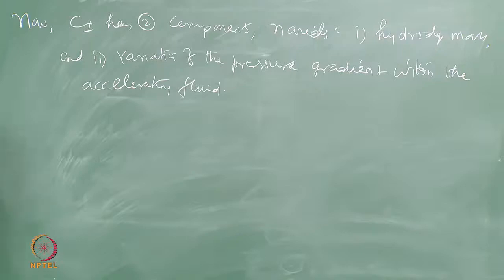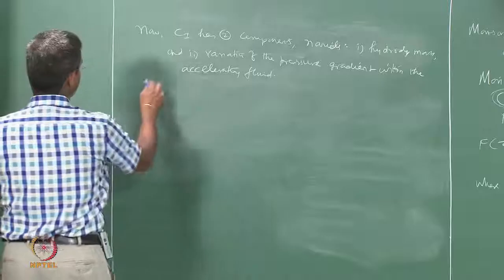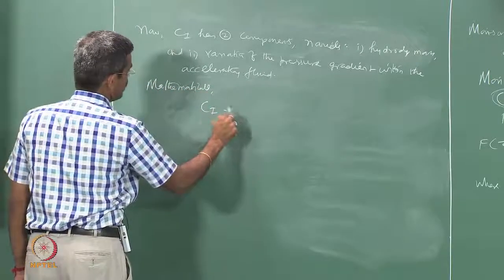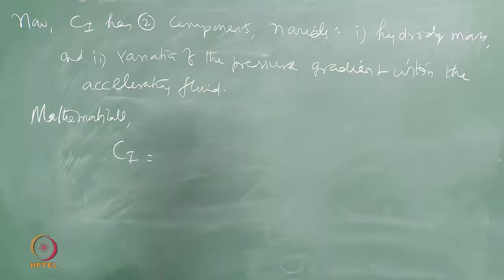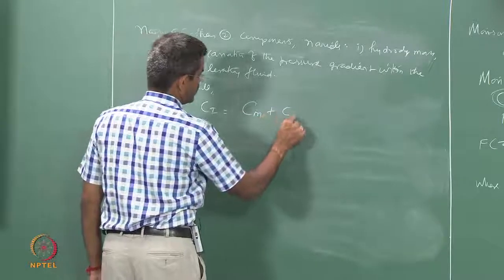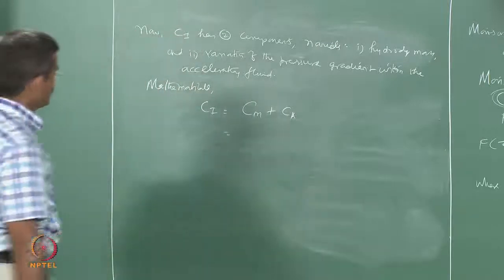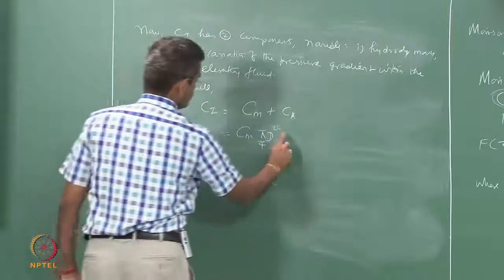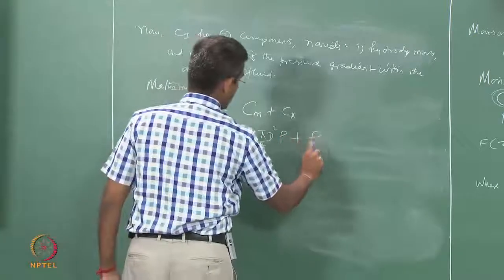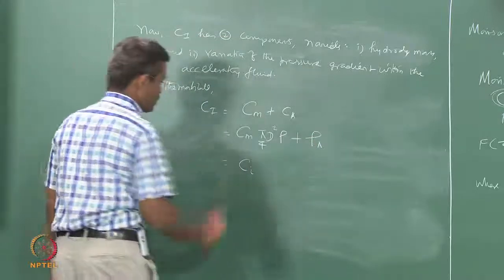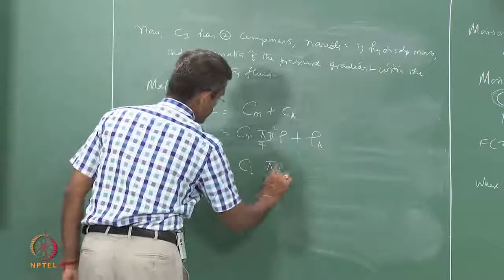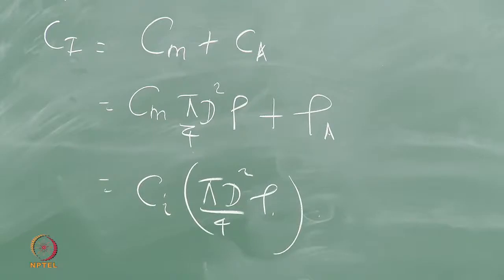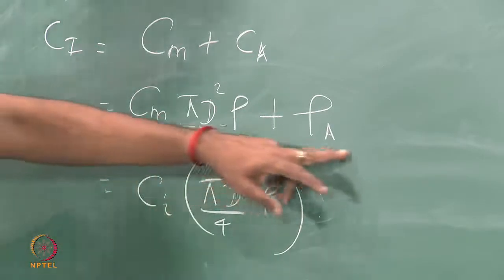So, mathematically, Ci has two components, one is Cm plus the other is Ca, which can be written as Cm plus rho A. Ca is actually the inertia term, which consists of both the pressure gradient variation.